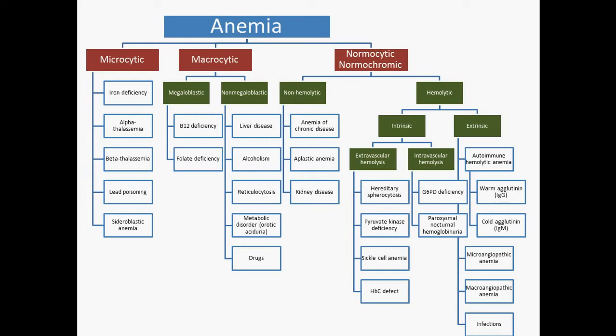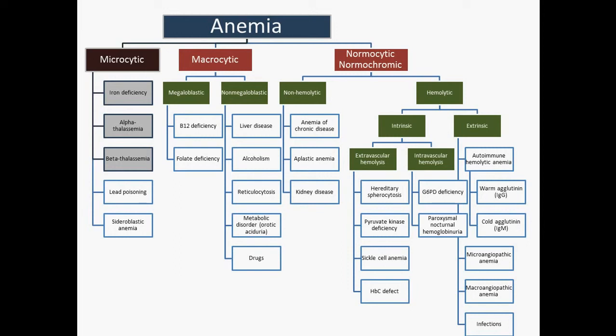So there's a few different categories of alpha thalassemia. One of them is if you have deletion of one or two genes on the alpha globin genes, then you usually don't show up with any problems.